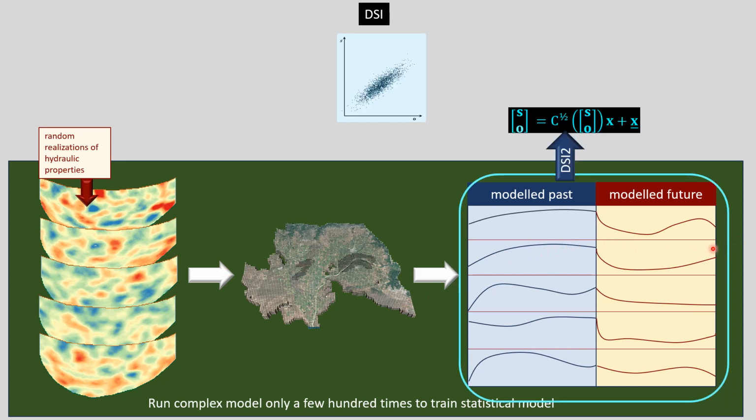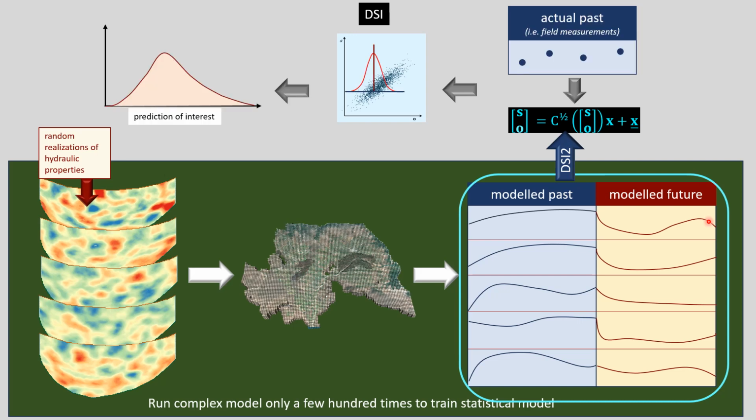Then, using a utility from the PEST suite named DSI2, I build a statistical surrogate model that takes the place of the numerical model. That statistical surrogate model is able to make predictions which are samples of the posterior probability distribution of certain predictions that I've made during this surrogate model training process.